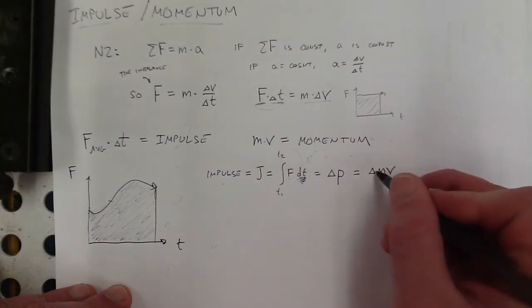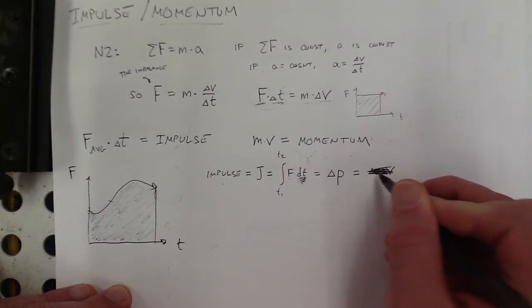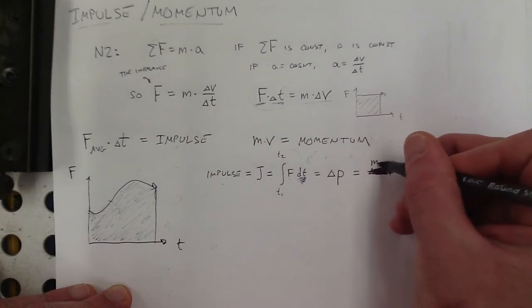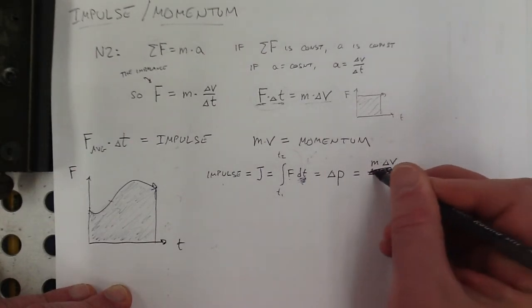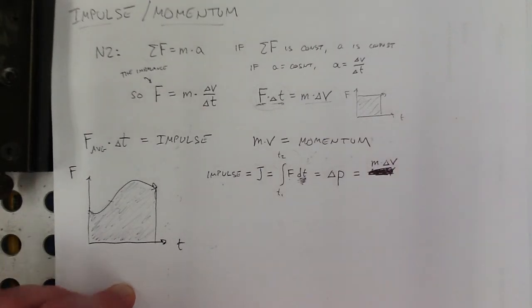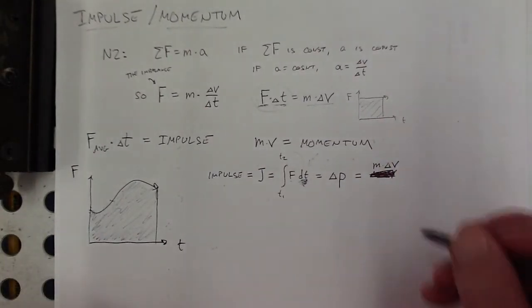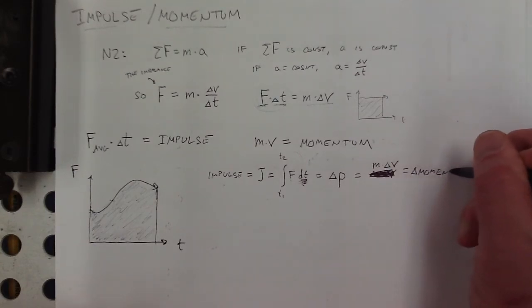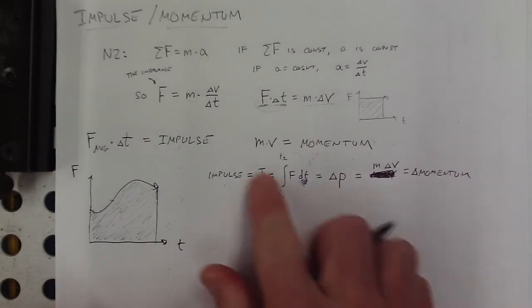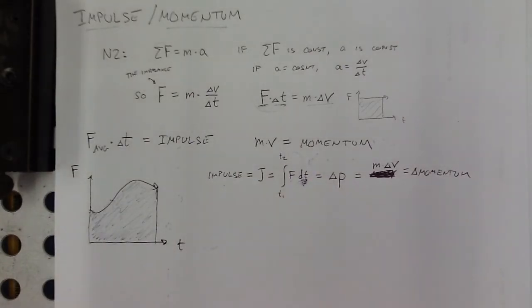And actually, we should really write that: the mass isn't changing, so mass times change in velocity. That would be a better way to write that. And I was actually going to write the words delta momentum. So there's a nice complete definition of all these things.